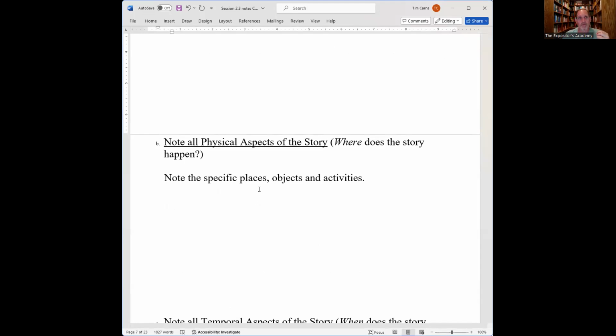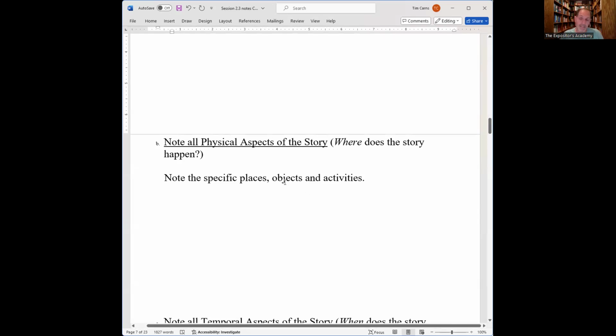Like if you're studying the story we did in class in Genesis 22, notice the location, the setting: it started in Beersheba, and then they made their way to Mount Moriah. But you might also take note of some other objects in the story: the wood that they carried, the altar that Abraham made, some significant objects contained within the story.